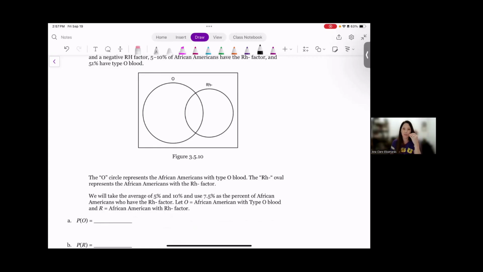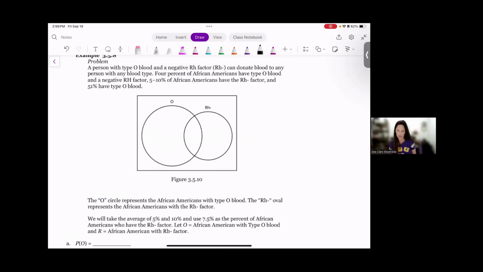I want to fill in the information that's given to me. In the beginning, we were told that 4% have O and negative RH. That means that 4% goes in here. I'm then also told that 51% have type O blood.